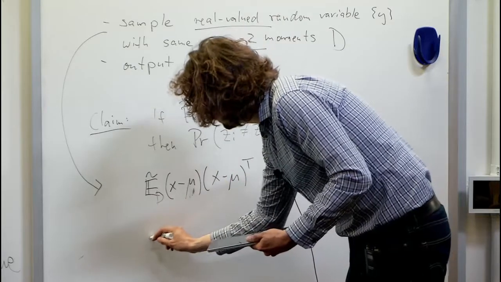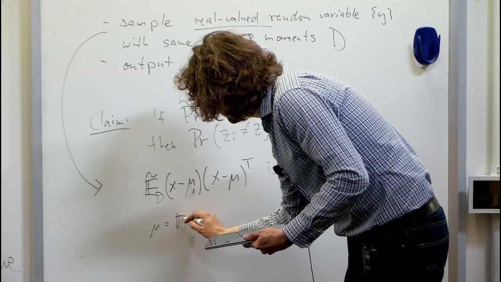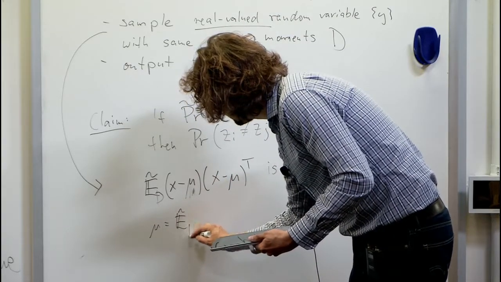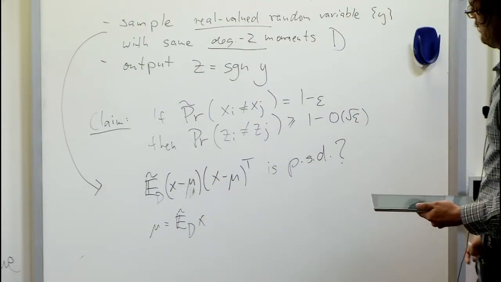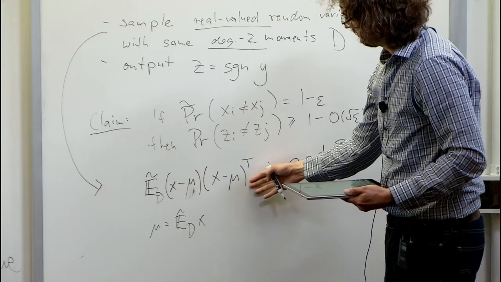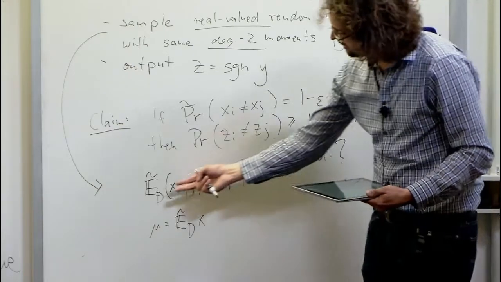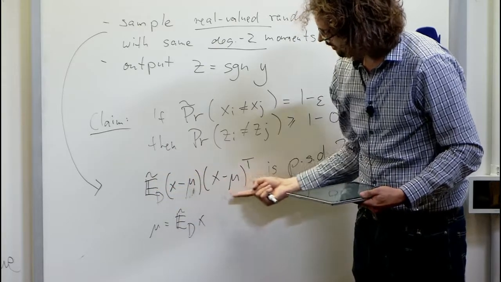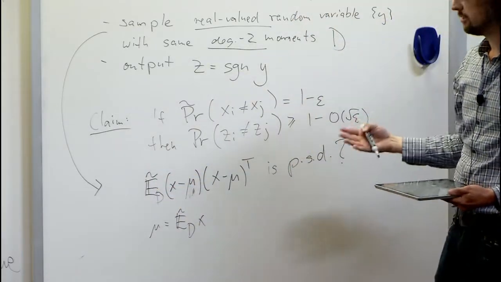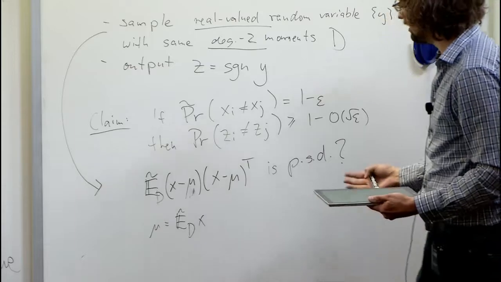I'm sorry, mu here is the mean of the pseudo distribution. So why is this matrix positive semi-definite? If this were an actual distribution, then it would just be a non-negative weighing of these PSD matrices, so it would be clearly PSD.